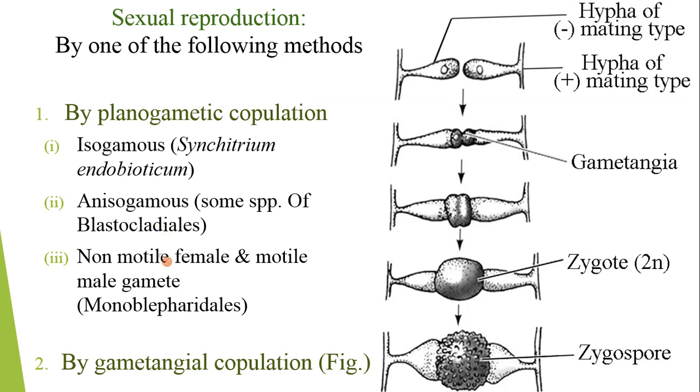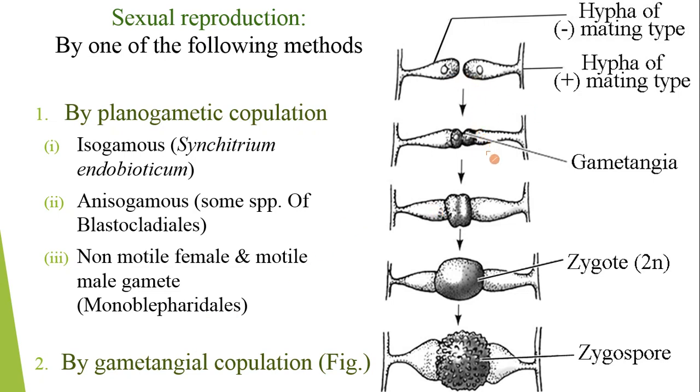In certain other cases, a non-motile female gamete and a motile male gamete are fused together to form a zygote. This type of reproduction is found in Monoblepharidales. The second method of sexual reproduction is by gametangial copulation, and you can see how gametangial copulation occurs.